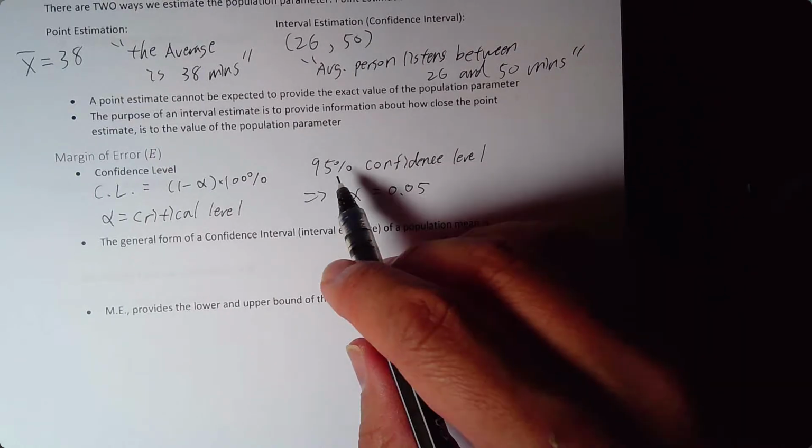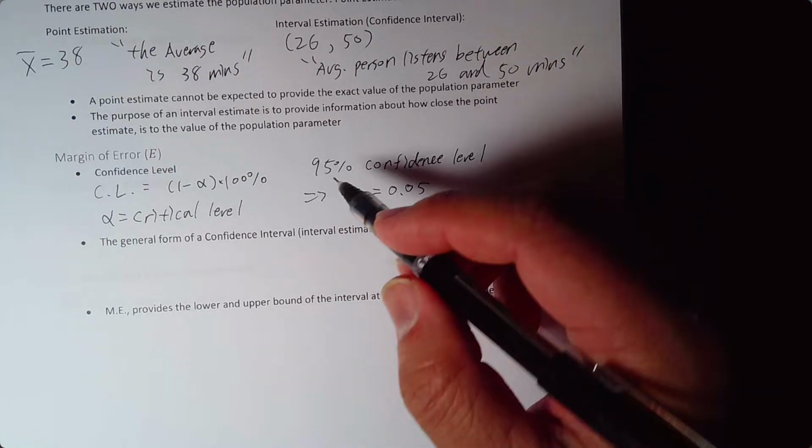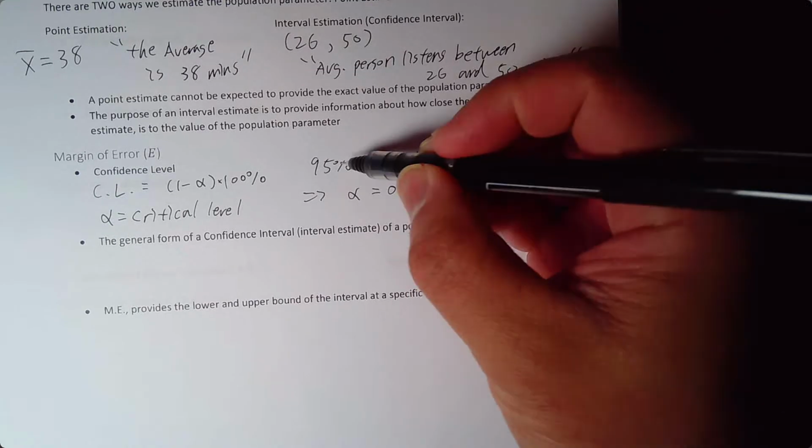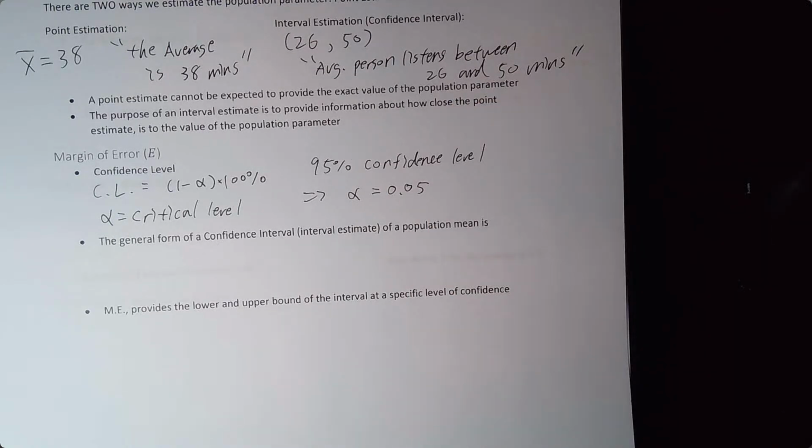Now, a confidence level is how sure we are. It basically means how confident or how sure we are that this estimate will contain the true average.